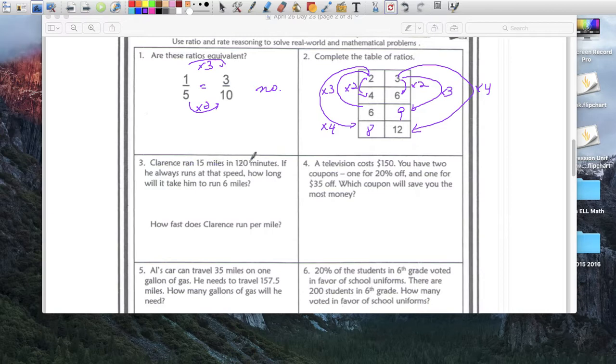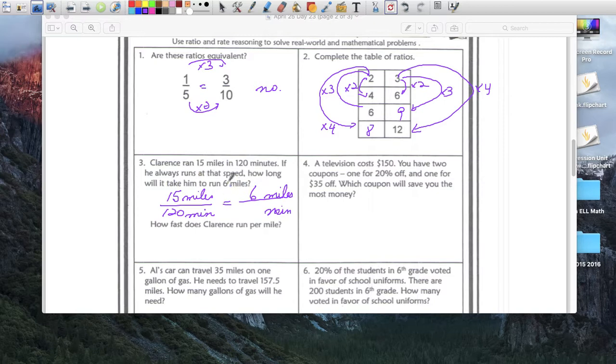Clarence ran 15 miles in 120 minutes. How long will it take to run 6 miles? Let's write that relationship as a fraction: 15 miles in 120 minutes. On the other side, I'm going to write the same relationship, miles on top, minutes at the bottom, and fill in what I know. He's going to run 6 miles, but I don't know how many minutes that will take.